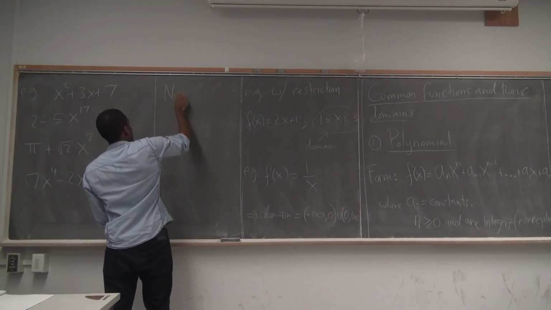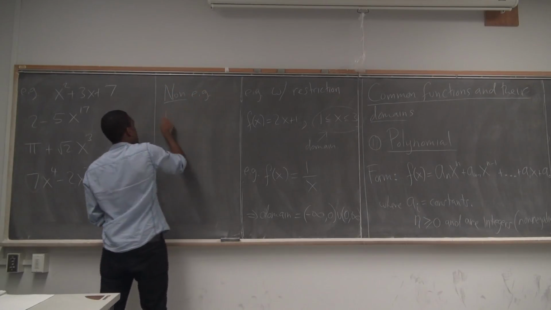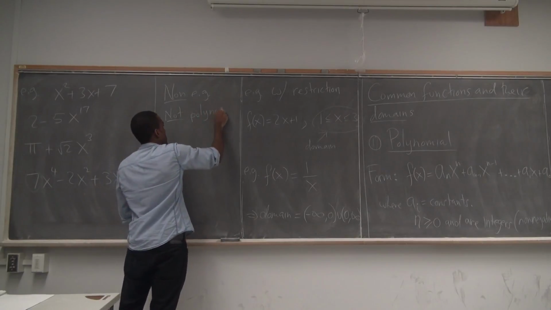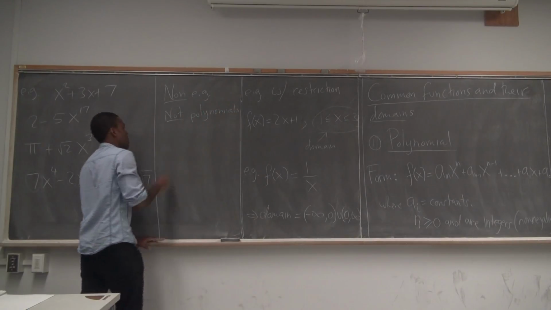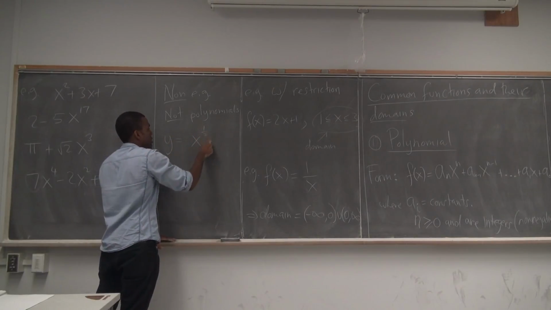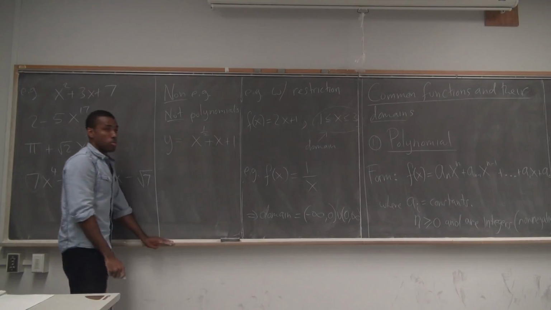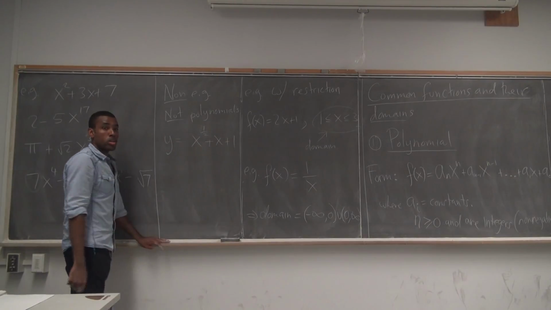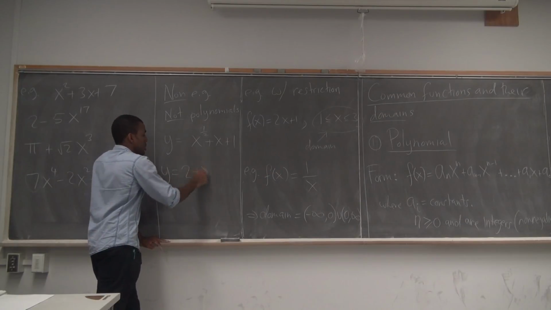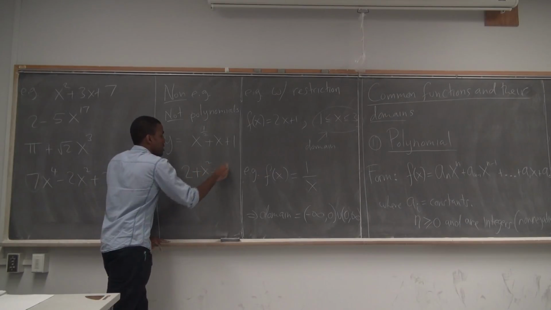Now the non-examples. These are not polynomials. For example, y is equal to x to the half plus x plus 1. It's not a polynomial because this is a half power. It's not a whole number. Or y is equal to 2 plus x squared plus x to the minus 1.